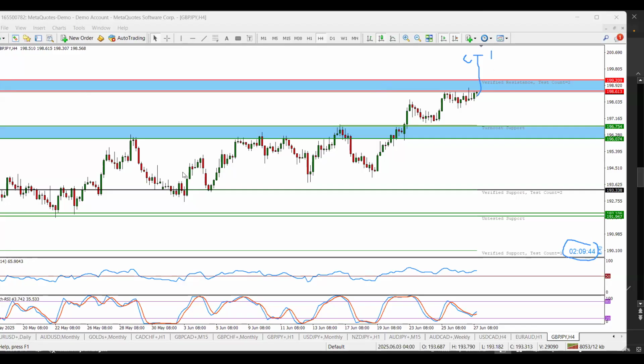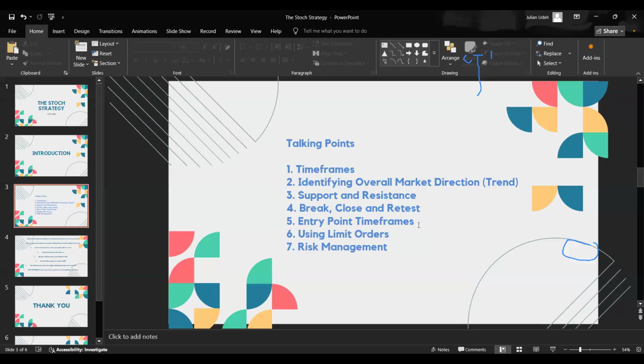remember we want to buy, right? Once a candle breaks and closes on 4 hours, that is assuming that is your entry time frame. This is where your entry time frame comes in. What time frame are you entering from?